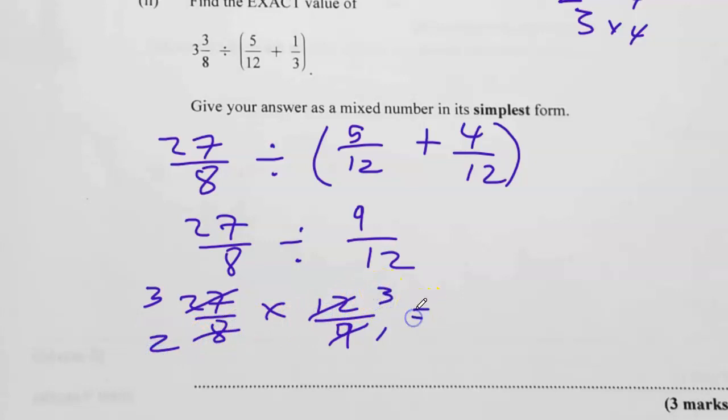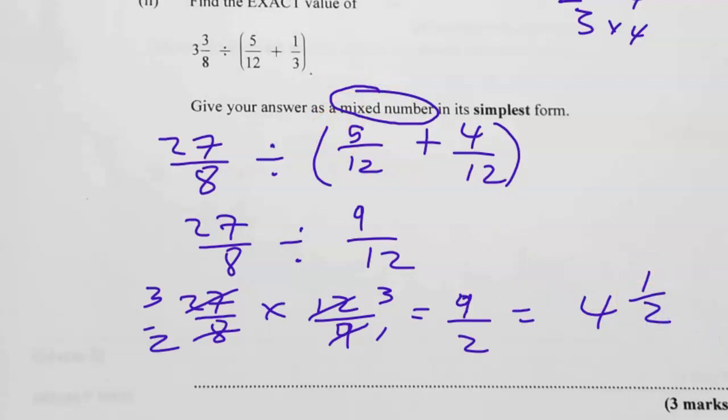So now we're multiplying two fractions, numerator times numerator. So 3 times 3, that's 9. Over denominator times denominator. 2 times 1, that's 2. So 9 over 2. But they want the answer as a mixed number. So that's 4 and a half.